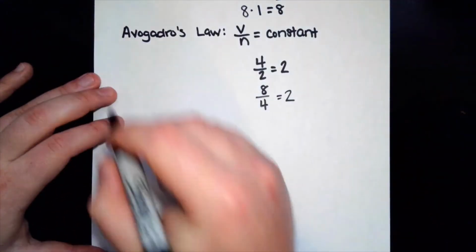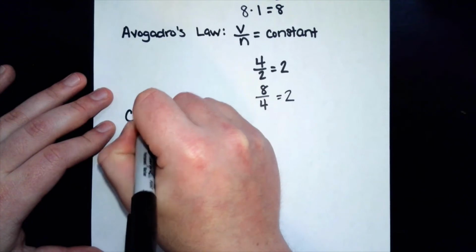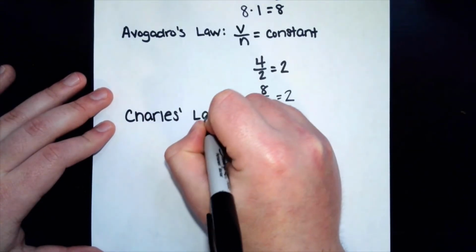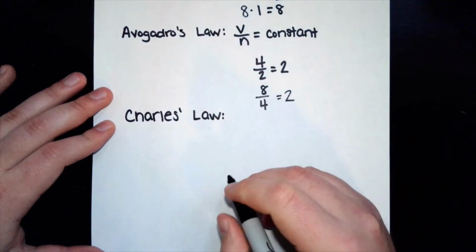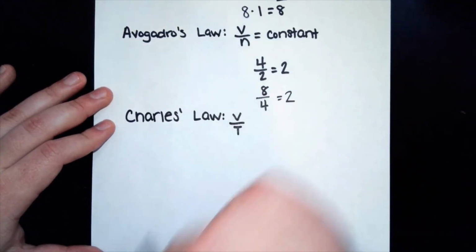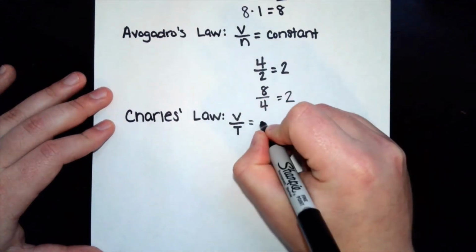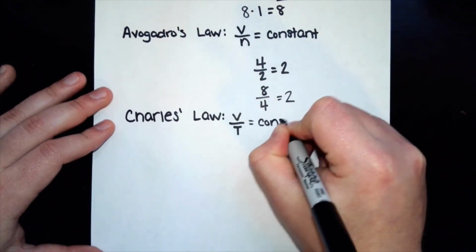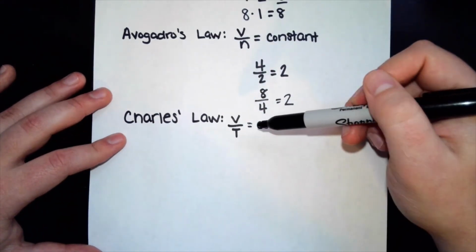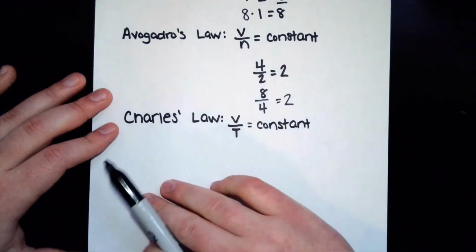And the last, smaller gas law is going to be Charles' law. Charles' law states that the volume divided by the temperature is equal to a constant. So just as with Avogadro's law, this is showing a direct relationship, but this time between volume and temperature.